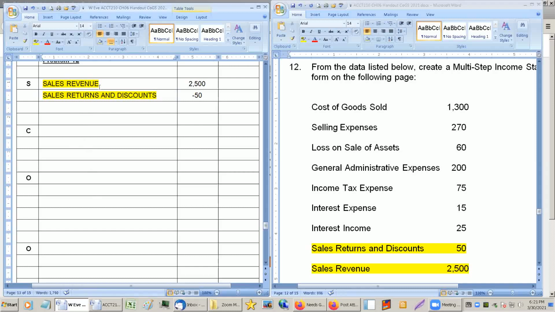And the account we're going to have to end up with is called net sales or net sales revenue. It can be net revenue too. So 2,500 minus 50 is, was it 2,450? Yep.